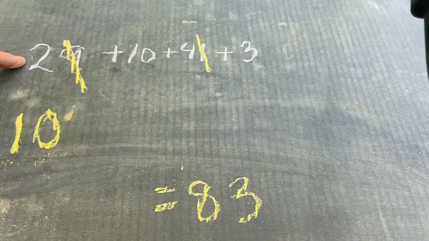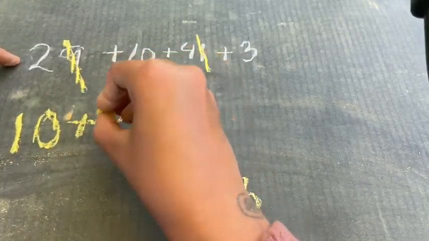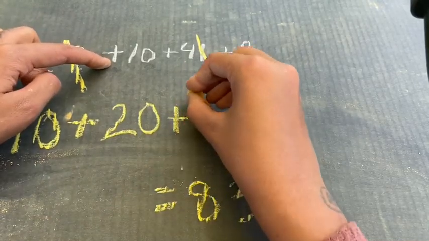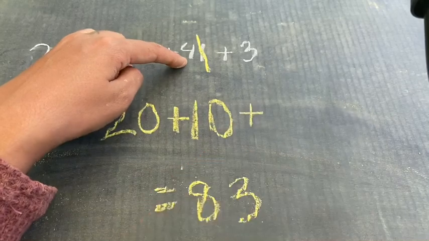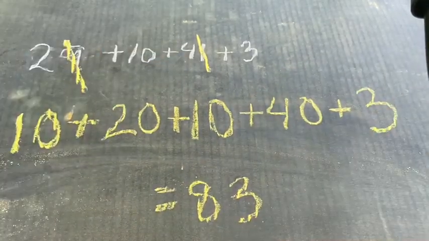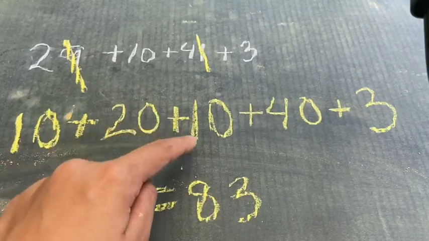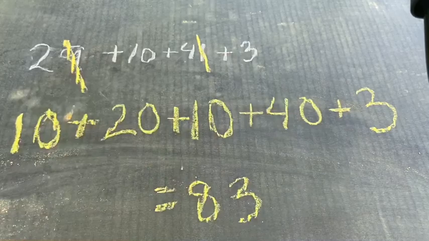Then you have a 20 that's left over from 29. You have a 10 that's just been minding its own business this whole time. You have a 4, that means 4 tens from 40, and a lonely little 3. 10 plus 20 is 30, plus 10 is 40, 40 plus 40 is 80, and then you have a 3, 83.